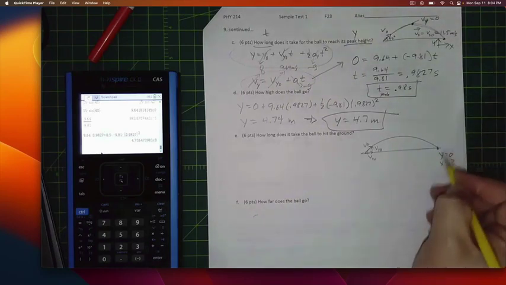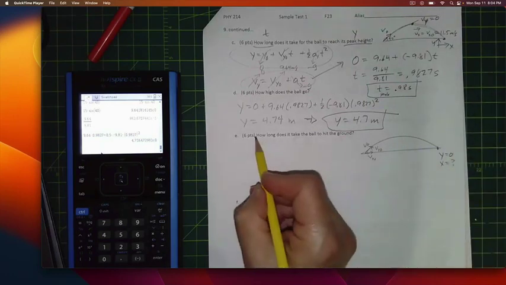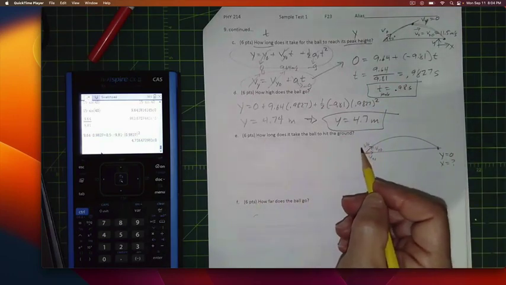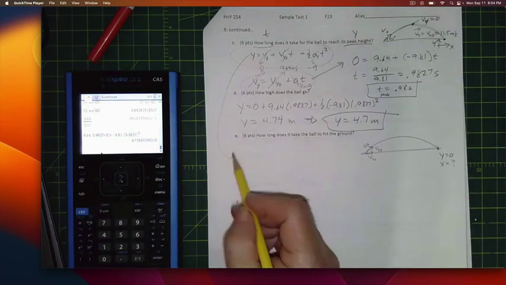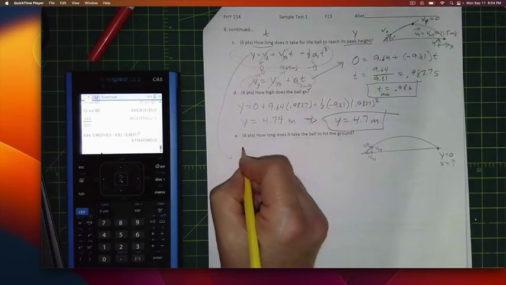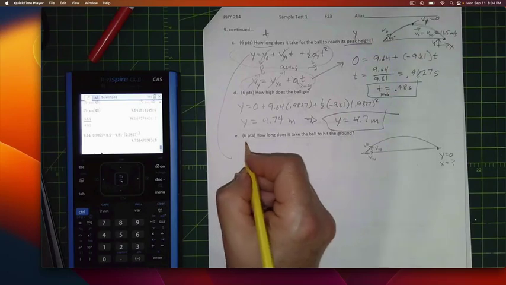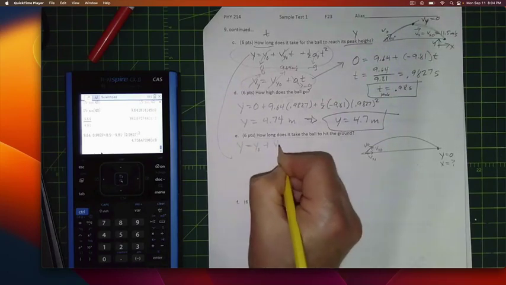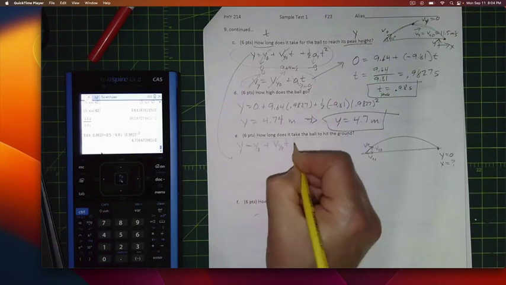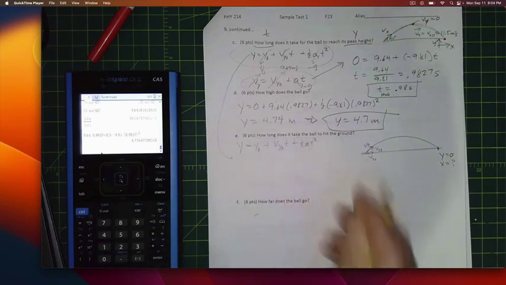Like I said, we can say y is equal to 0. So how long does it take to hit the ground? I think we can use our y equation for this. I'll rewrite it: y equals y naught plus vy naught t plus 1/2 a t squared.